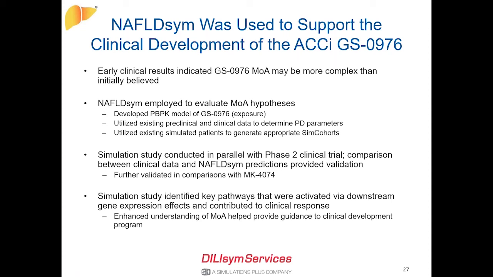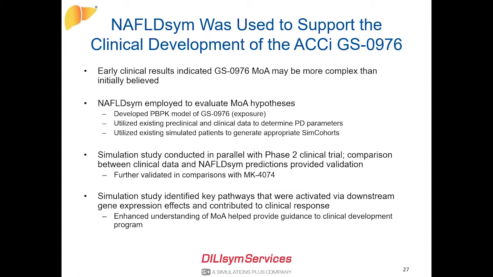This project was done in parallel with a phase 2 clinical trial. So basically both concluded at the same time. So we were able to compare the predicted responses with the unblinded responses from the phase 2. And it really actually lined up quite nicely, which allowed us to really hone in on and learn about these specific hypotheses. Also, coincidentally, Merck had around that same time published a paper describing the response they saw with their own ACC inhibitor.